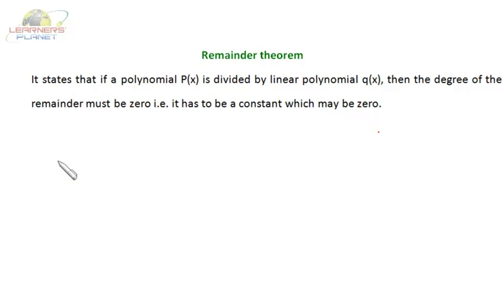Or in other words we can say, suppose I have a polynomial p(x), the degree of this polynomial is either 1 or more than 1, and suppose a is any real number.